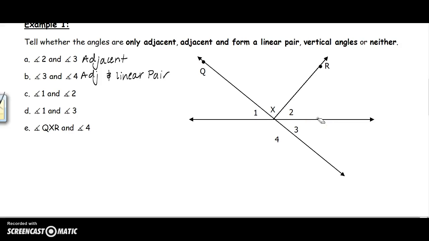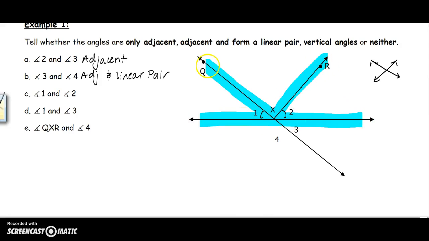Take a look at 1 and 2. These look like vertical angles, but remember you have to have two intersecting lines to form vertical angles. This one is one line, but is this one continuous line? No. Therefore, this is neither.